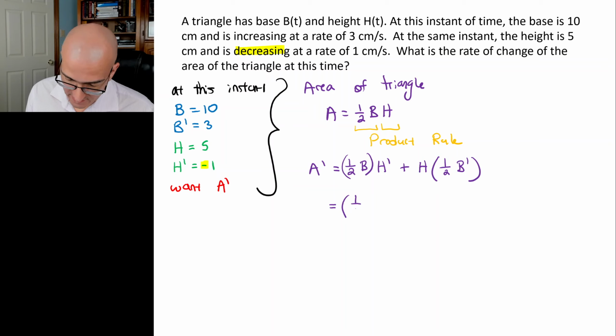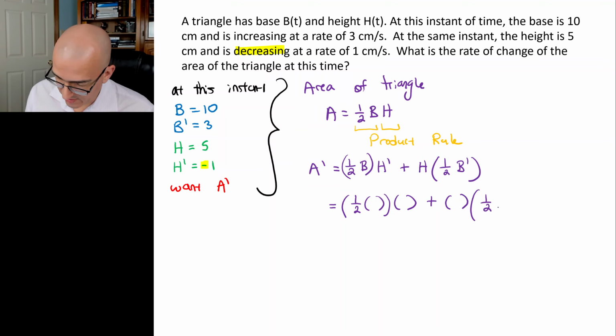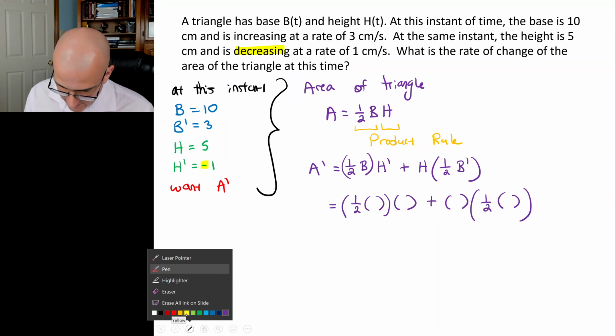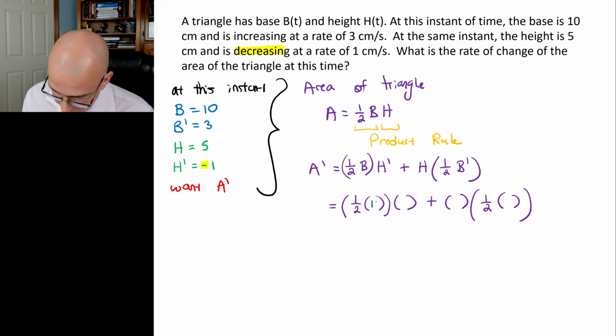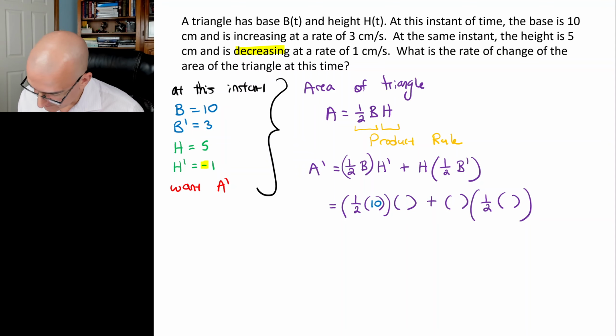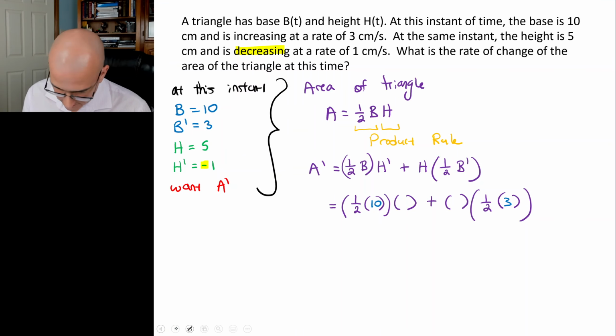So 1/2 times b times h prime plus h times 1/2 times b prime. And plug in what we have. So b is 10, b prime is 3, h is 5, h prime is -1, and then simplify.